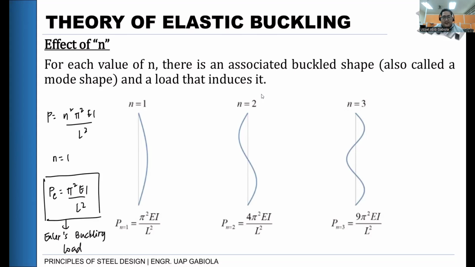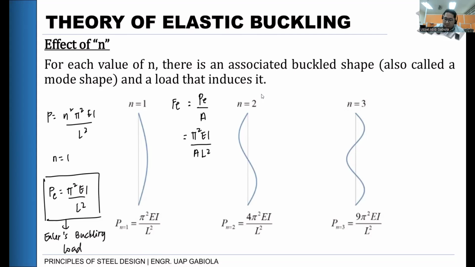Okay? And then, sometimes, hindi load yung hinahanap. Pag stress ang hinahanap, so, from formula ng stress na equals sa P over A, okay? So, tawagin natin ng Fe lang, yung stress, equals to P over A. So, substitute lang natin yung value, pi squared EI over A L squared.